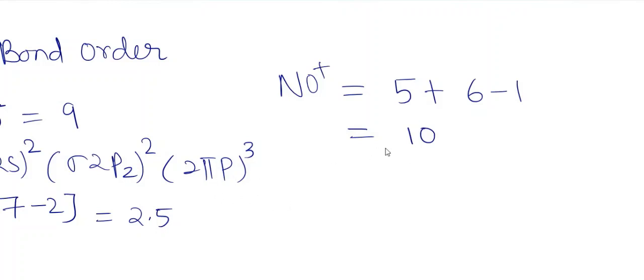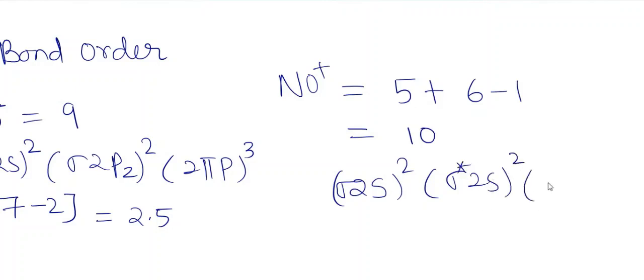Similarly, I put all the electrons in the MO electronic configuration, again excluding the ground state: sigma 2s2, sigma star 2s2, sigma 2pz2, then pi 2p4.